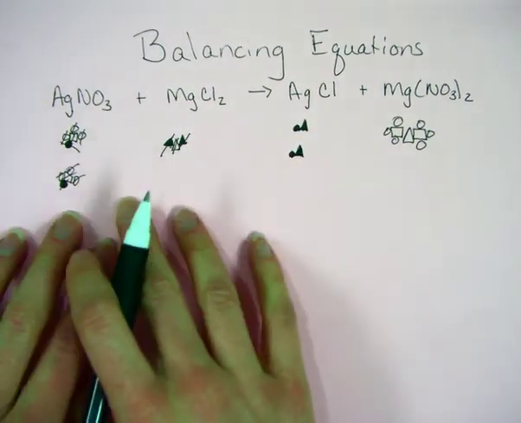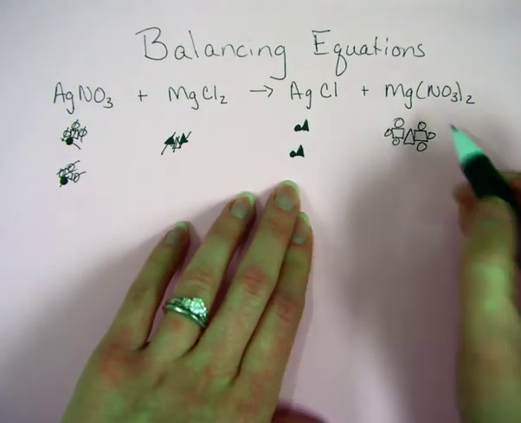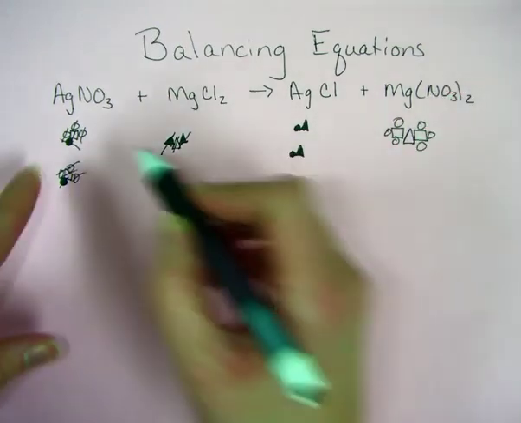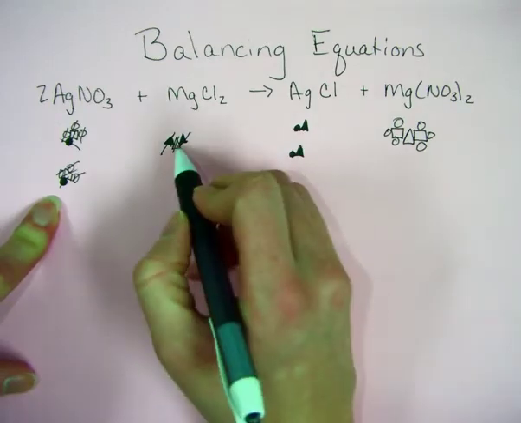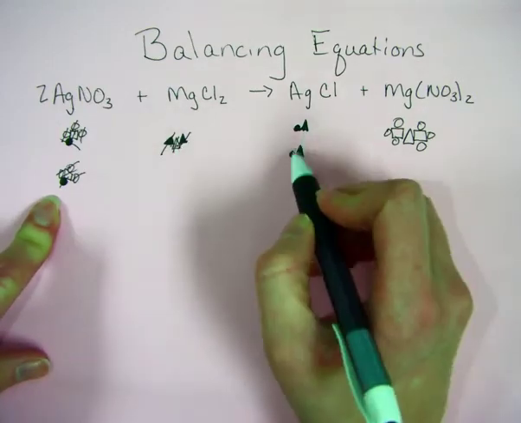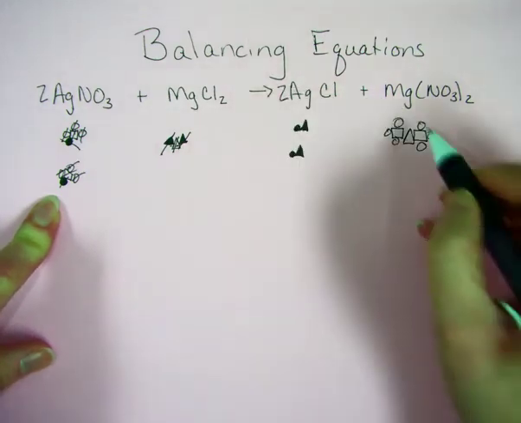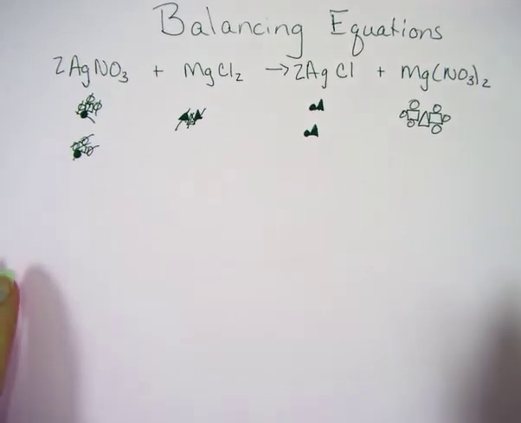Now all of my reactants have been used, and my products are all happy because we have drawn them exactly how they were written. So I've used 2 AgNO3s. I only used 1 MgCl2. I made 2 AgCls, and I made 1 MgNO3 too.